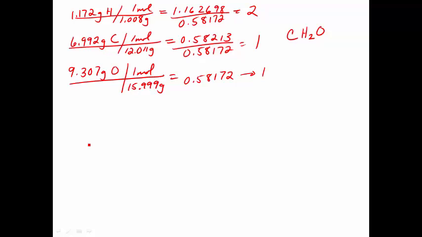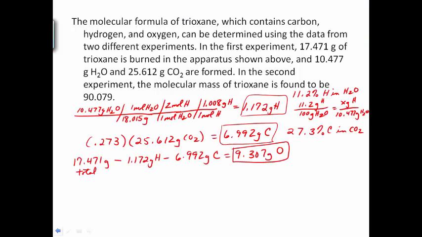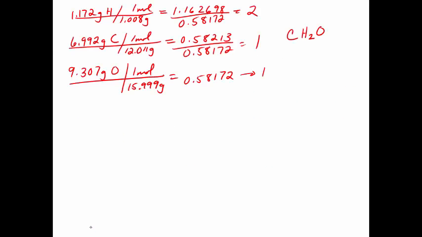All right, and then I'm going to have to go back a slide here because I didn't write down my molar mass. Molar mass is 90. So my molecular weight is known to be 90. And the mass of my empirical formula is 30.026 grams per mole.